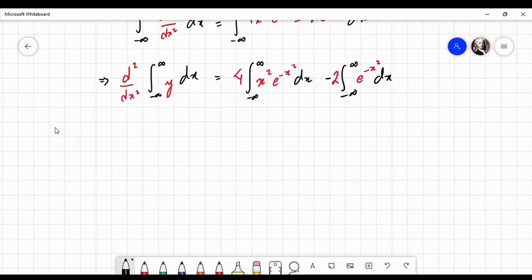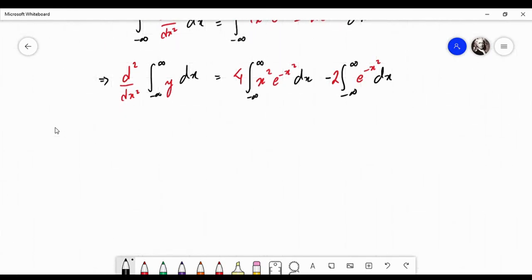Now this is a pretty interesting situation, right? Because our supposition of y was simply e to the minus x squared, so the left side is d2 by dx2 of the integration of e to the minus x squared, and you know that it's a constant, right?